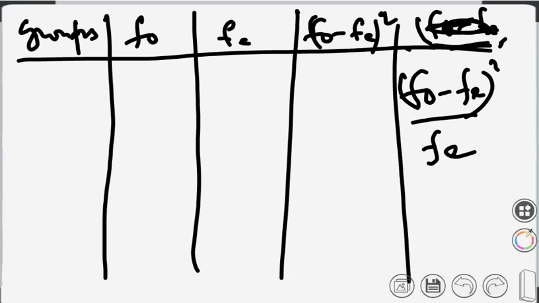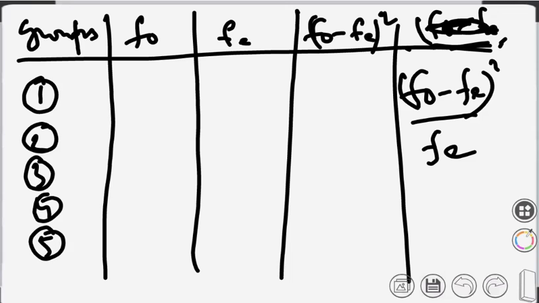so in this case how many groups do we have? We have 6 groups. Face 1, face 2, 3, 4, 5 and 6. These are the 6 faces. So 6 groups. So what is FO? FO is the observed frequency. What values have I given? 20, 25, 18, 16, 30, 19.